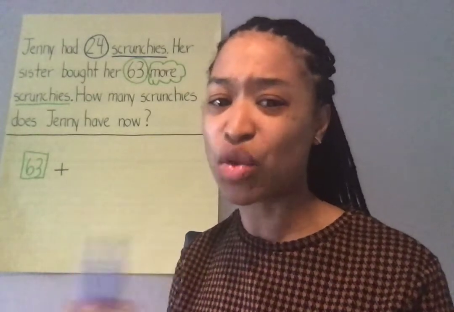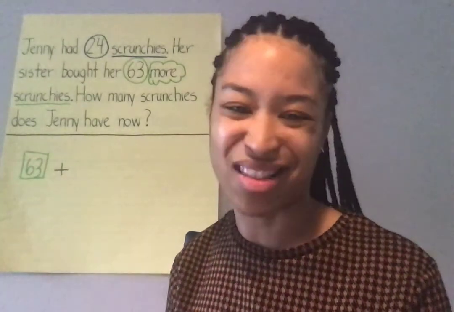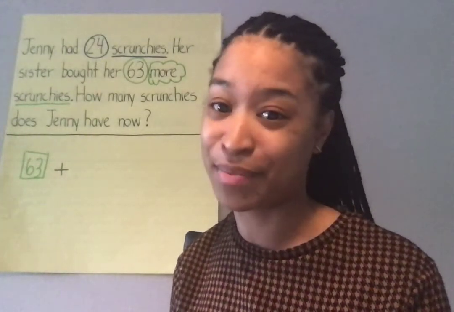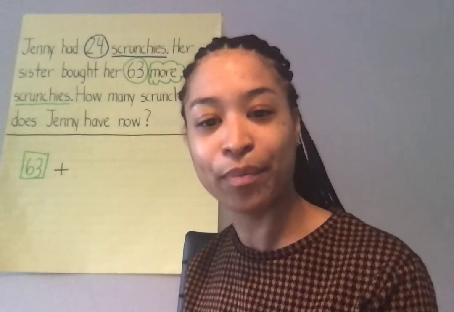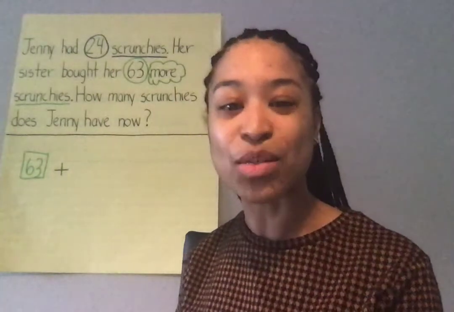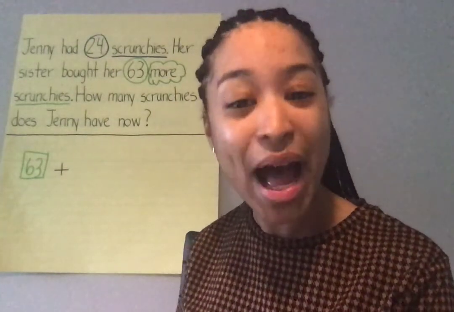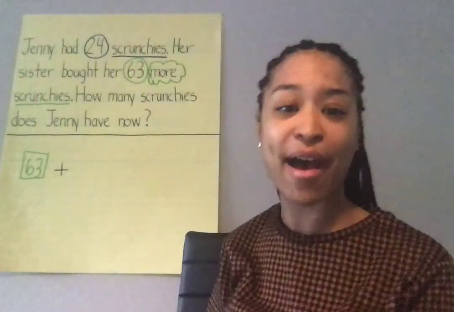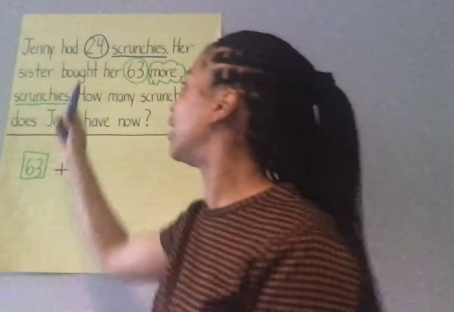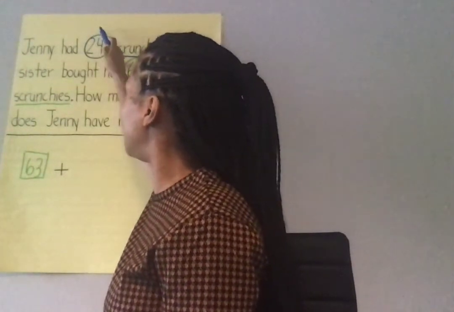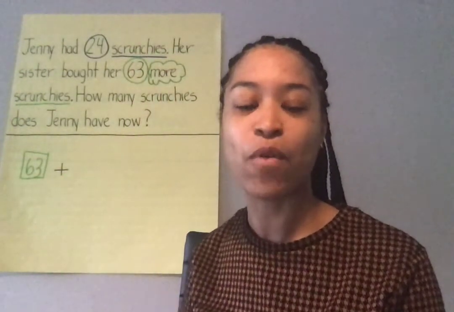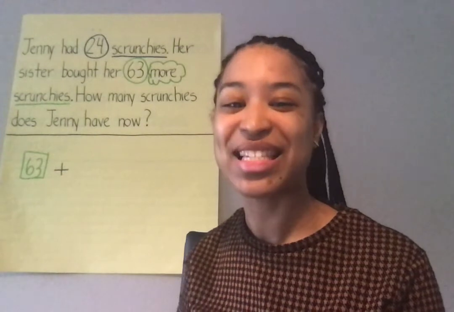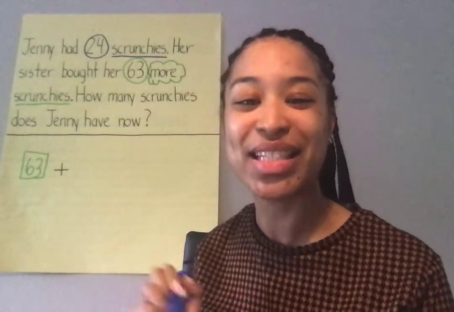And we're adding the bigger number to the smaller number. So instead of drawing 24 circles, that's going to take a long time. I want to move fast. Instead of drawing 24 circles, how else can we represent 24? Yes, we can use tens and ones. How many tens does 24 have? Yes, 24 has 2 tens.